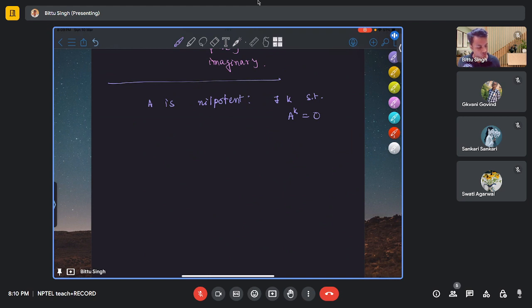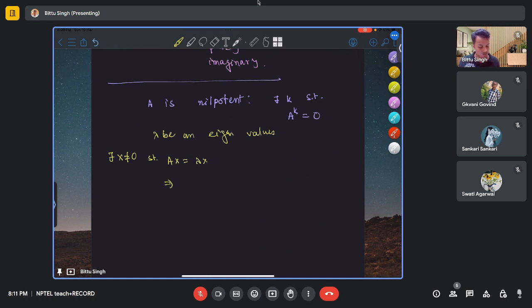Now again, assume lambda is an eigenvalue. Then there exists non-zero x such that Ax equal to lambda x.